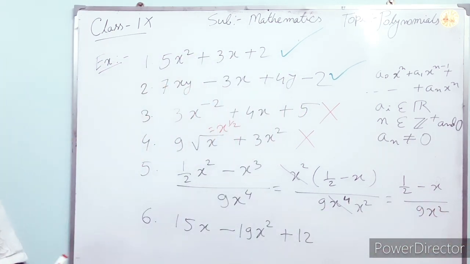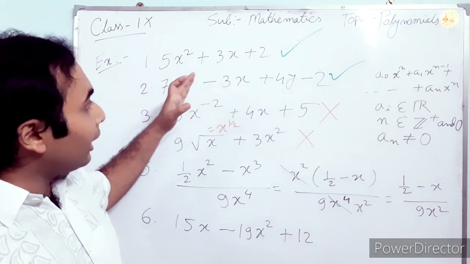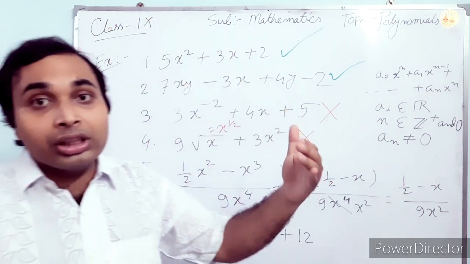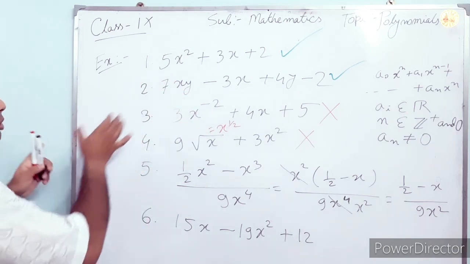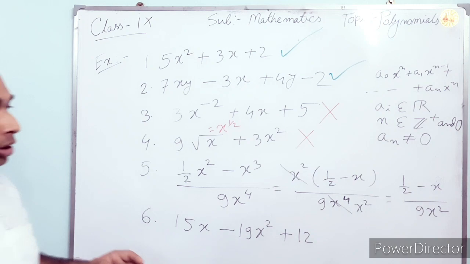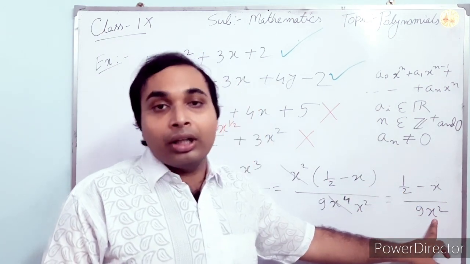The polynomial should be linear. Polynomial, not actually linear, means what? The terminology linear has another meaning actually. Here linear means I am saying only at one line the polynomial will be there. Polynomial cannot have any denominator with the variable.